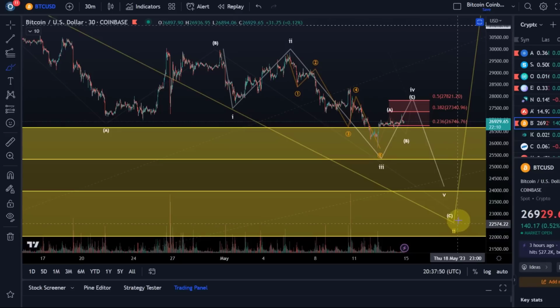I don't even entertain that rule really, unless the move down is clearly impulsive, which it isn't. At the moment, I'm counting it as an impulse. I can easily make it work as an ending diagonal. So really the rule that waves 1 and 4 cannot overlap only applies in a third wave.